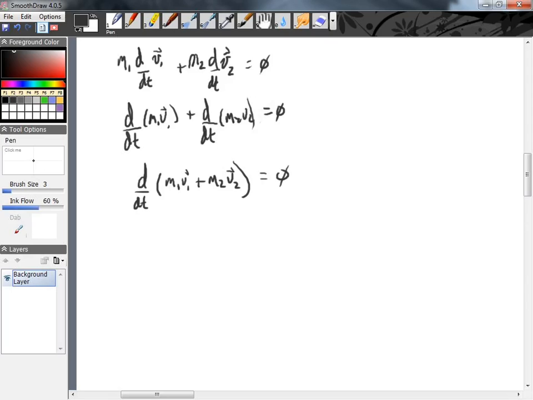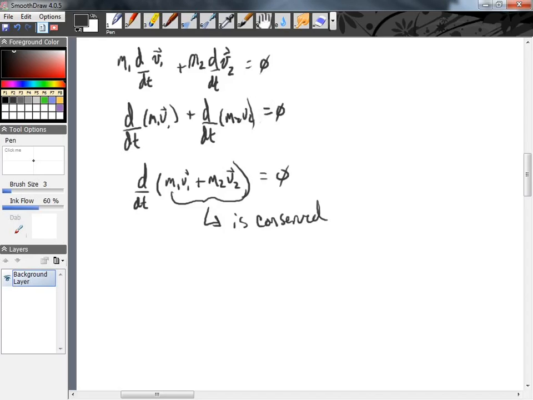So the rate of change of this value plus this value equaling 0 means that whatever this amount is isn't going to change over time. This value right here is conserved. Whatever change one has is going to be opposite of the change of the other one.